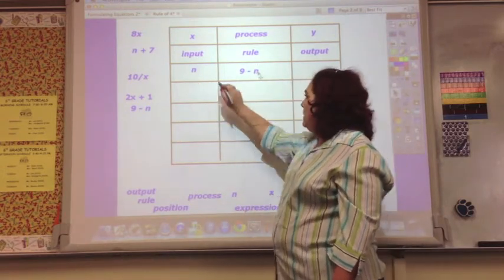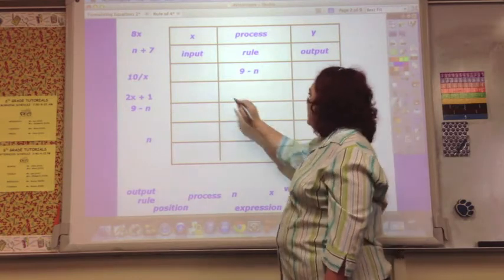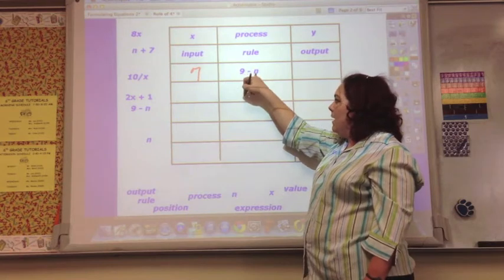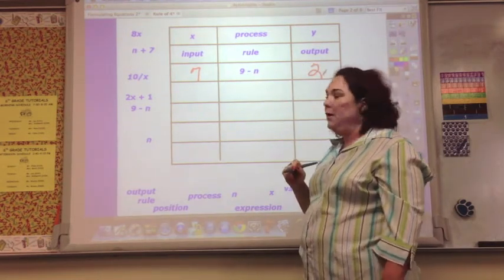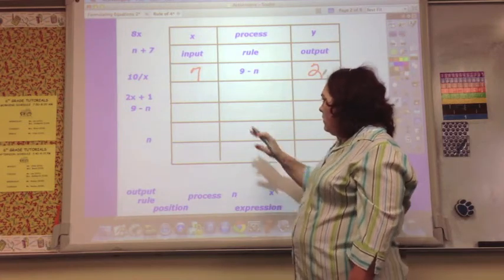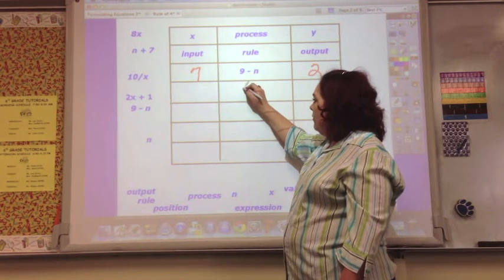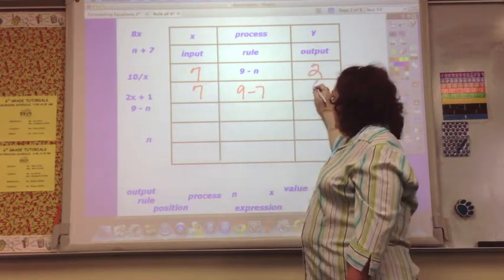So you would substitute in, let's say 7, and so it's 9 minus 7, which would equal 2, and that would be your output. And so this is what's going on in the middle. If you were to write it, you would write 9 minus 7, and that's 2.